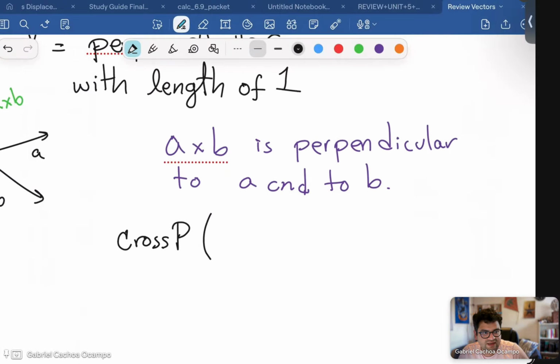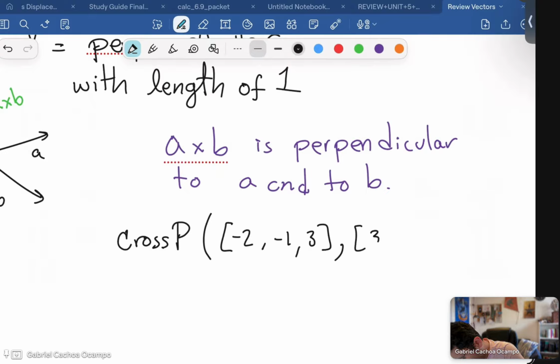Vector A is -2, -1, 3, then a comma to separate the vectors, 3, because I have no j component, that is 0, and 5. The output of this should be the vector -5, 19, and 3.